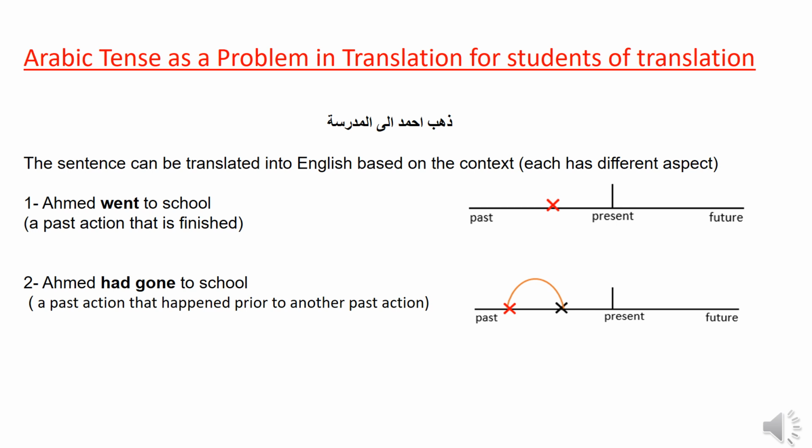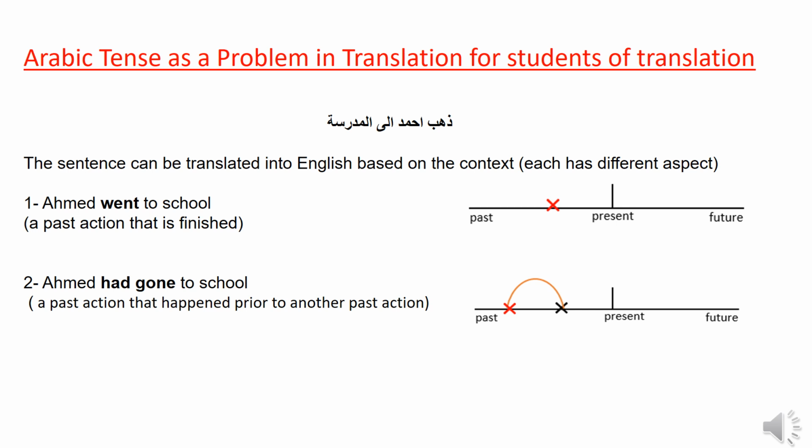The first one refers to the past simple. Ahmed went to school, a past action that is finished, while the second aspect is Ahmed had gone to school, in which it started in the far past and ended in the near past.